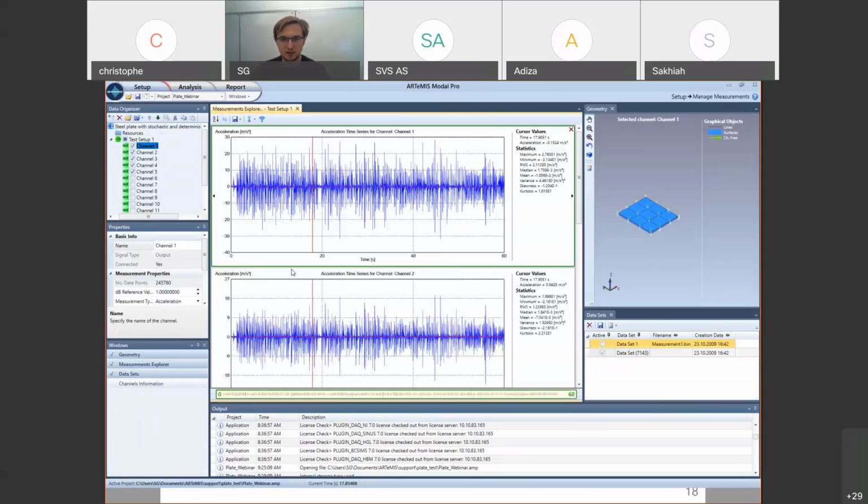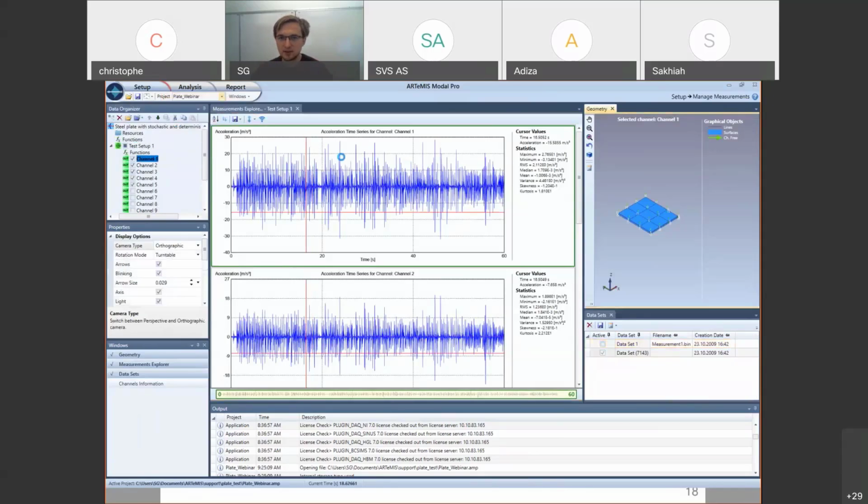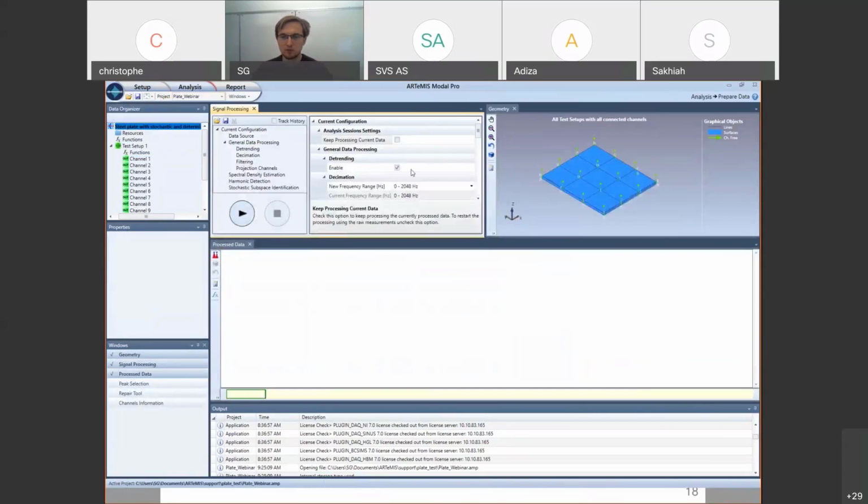So here we can see simply time series of accelerations, which we will then analyze for system identification. And that is done in prepare data. So first we need to compute our Hankel matrices and the observability matrices that we've been talking about in order to identify the model parameters. And all of that is done here.